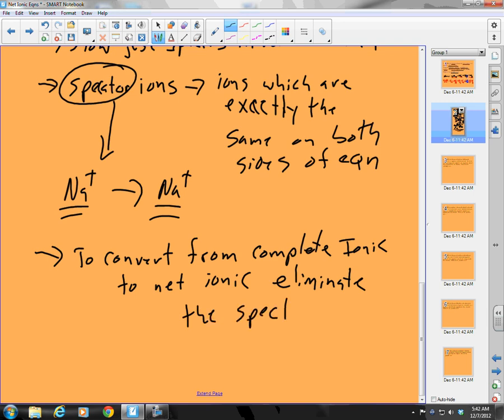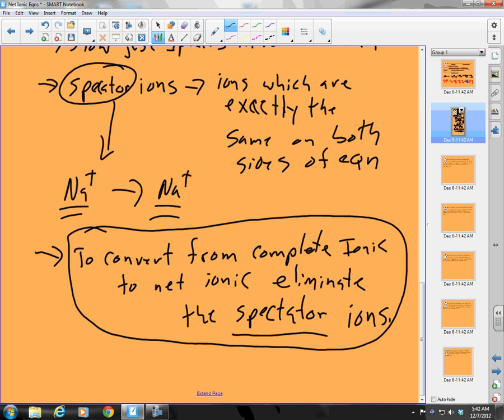So I'd hate to be a spectator ion, because then I would be eliminated. Too bad I can't spell either. Spectator. Tator. Taters. I like taters. To convert from complete ionic to net ionic, eliminate the spectator ions. Cool. That's the only rule we have to deal with to get our net ionic correct.